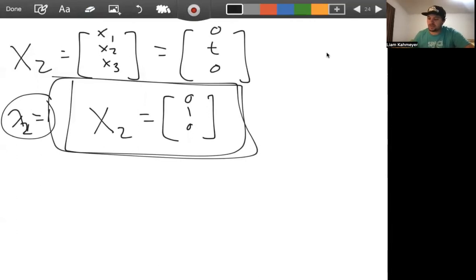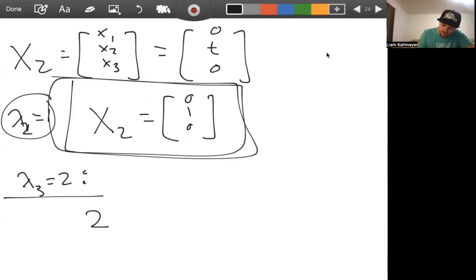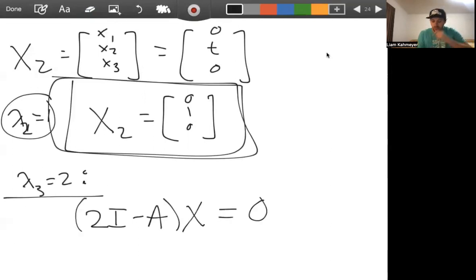Now let's do the same thing, but for lambda equals 2. So lambda 3 equals 2 here. Then we're setting up 2I minus A times x equals 0.